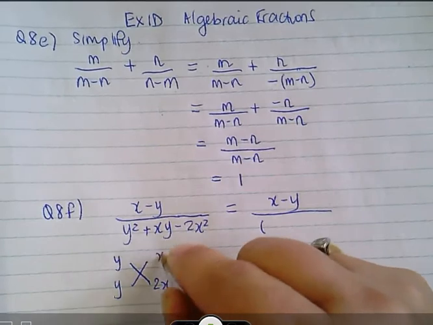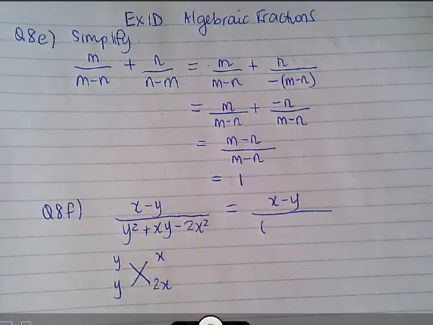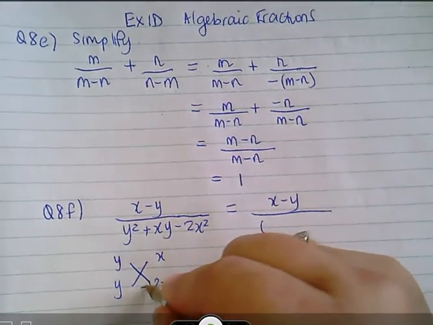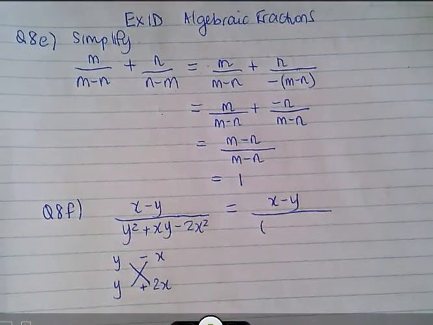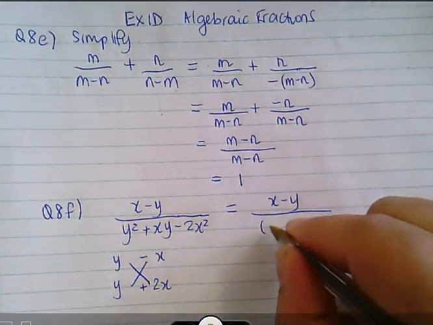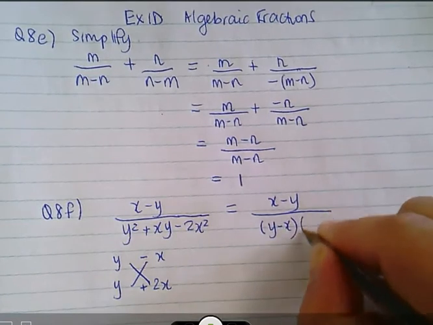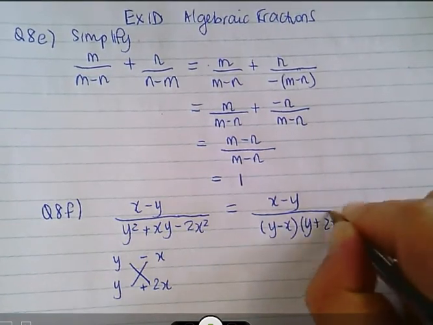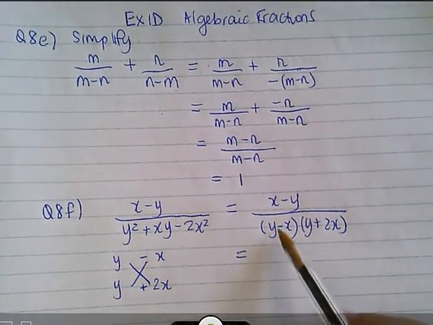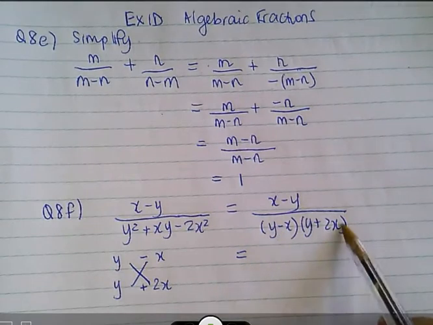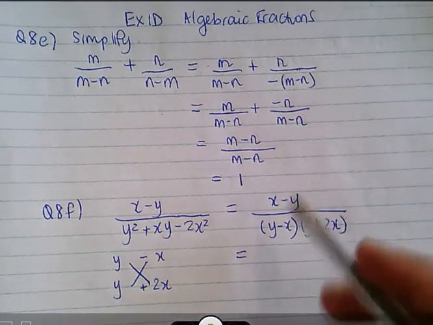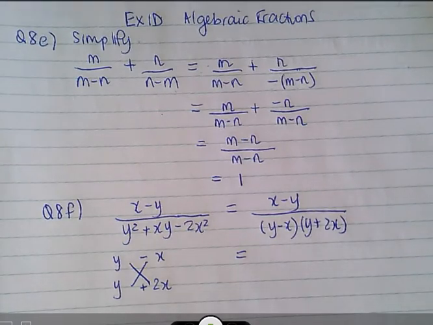There's got to be a 2x and an x. You need plus 2xy minus xy. So we've got x plus y over y minus x times y plus 2x. And if you do that, you should check it, just checking y squared plus 2xy minus xy minus 2x squared. Yes, that's correct.